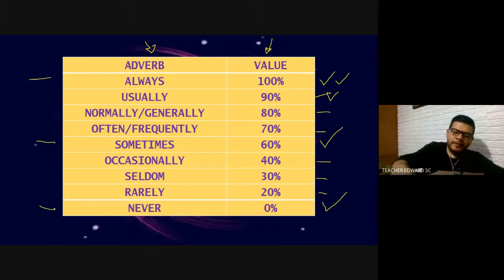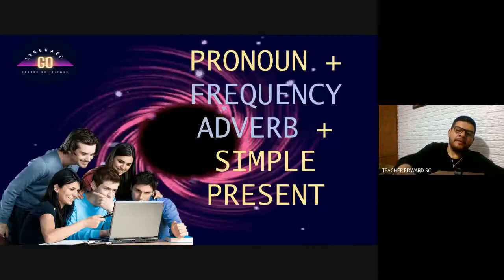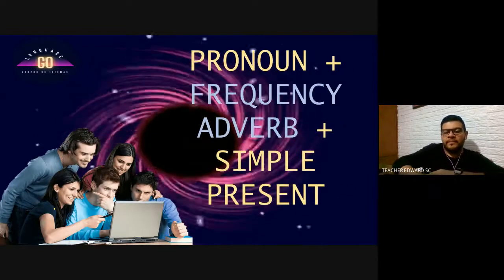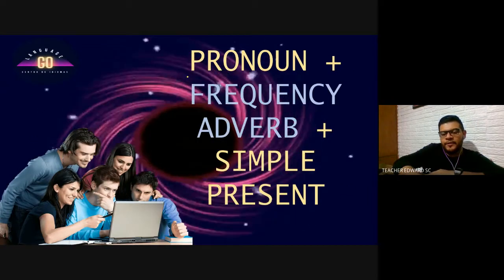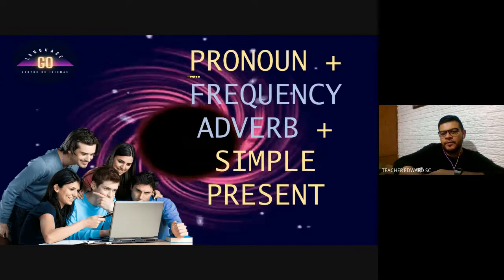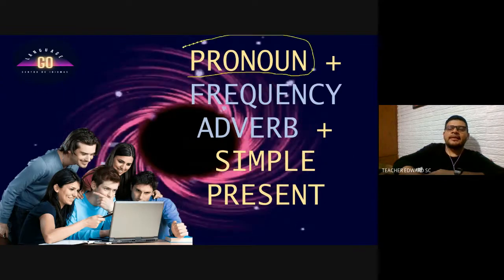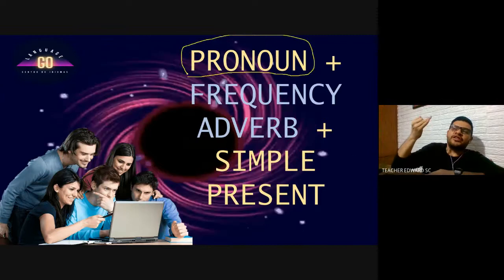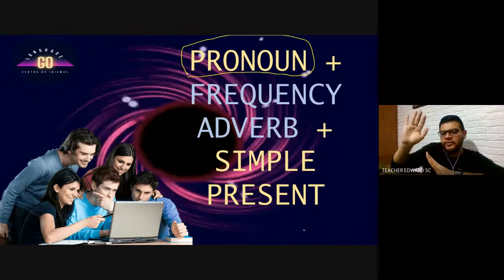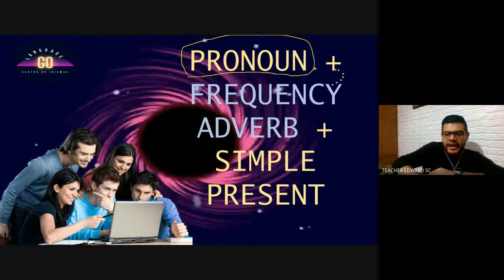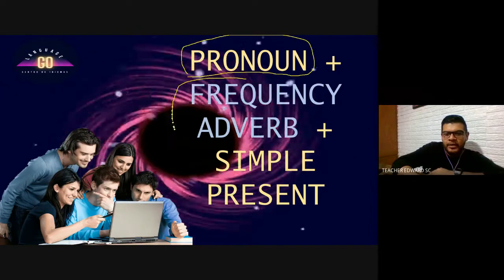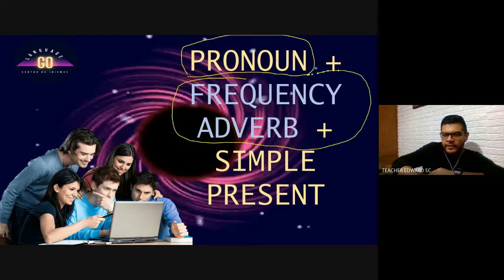So why don't we start practicing some examples, right? Check this out. First, for answering, you're going to use the pronoun. The pronoun is a he, a she, a you, whatever comes to your mind. And after you use the pronoun, you're going to use the frequency adverb.